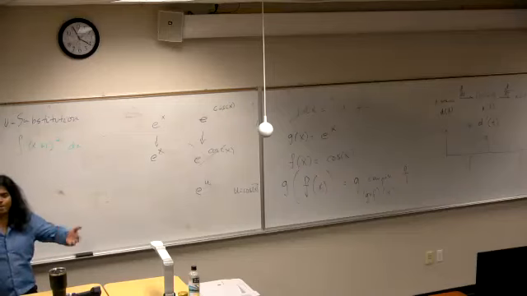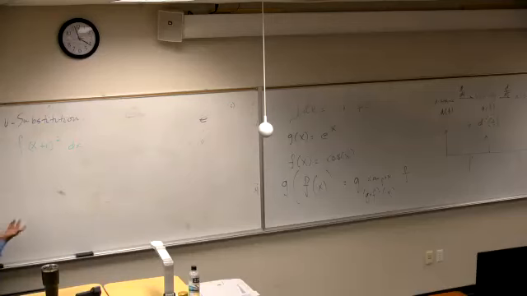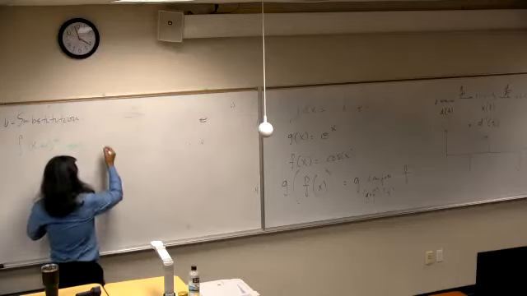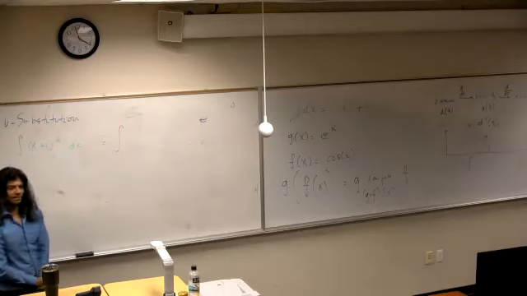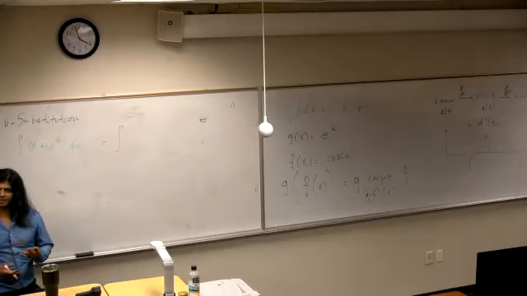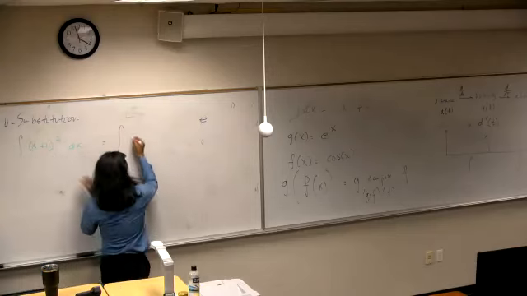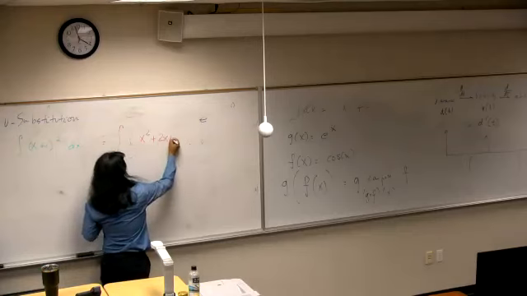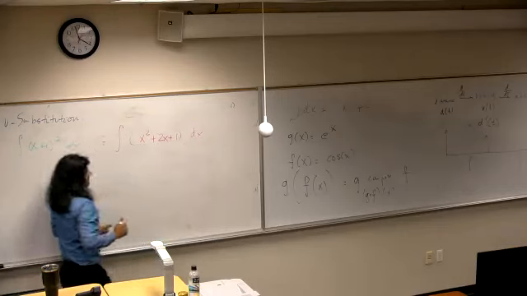Or how would you go about finding it? One approach is this. Evaluate that x plus 1 squared is simply x plus 1 times x plus 1. FOIL, you'd end up getting x squared plus 2x plus 1 times dx.